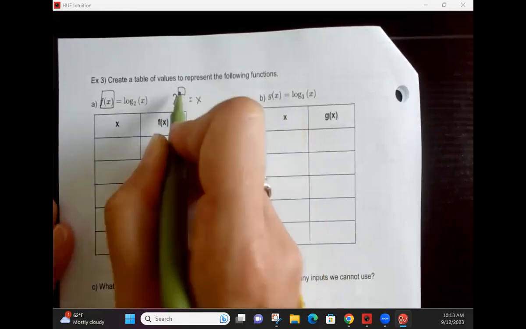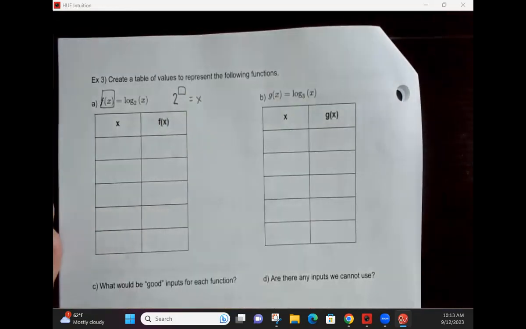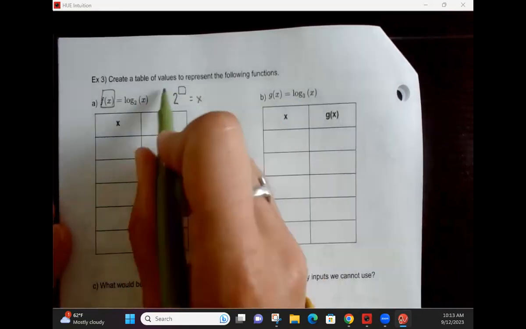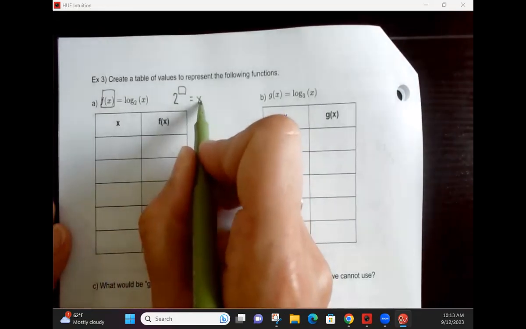Whatever I pick for x is going to determine if I can actually figure out y on my own or if I'll need a calculator. There are lots of options for things that we can plug in for x. There are also, as we'll see, some things that I cannot plug in for x. But let's take a look at our first log function here. And I want you to tell me some values that you think would be nice to have for x.